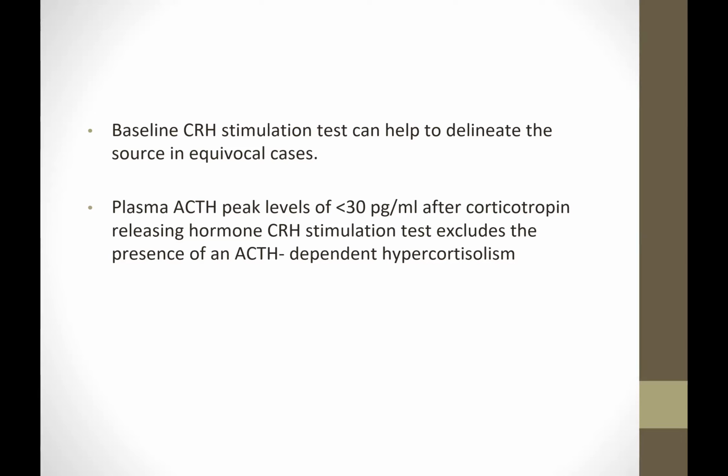It suggests it is coming from the pituitary and is being stimulated by the hypothalamic hormone, here the CRH. So CRH stimulated IPSS is the confirmatory test when the MRI cannot pick up a pituitary adenoma as the cause of ACTH dependent hypercortisolism of pituitary origin.